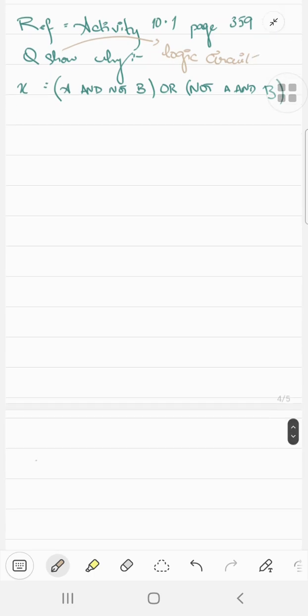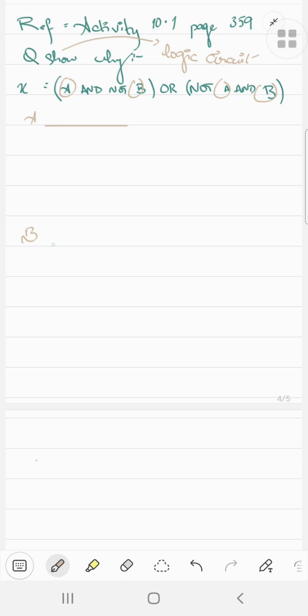Okay, the statement says X is equal to A and NOT B, or NOT A and B. We are aware of the logic gates, and this is how we'll be drawing the logic circuit here. A and B, these are the two inputs that we have. Now what do we have to do?